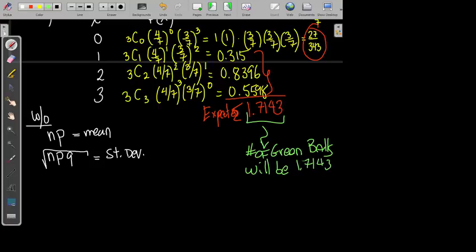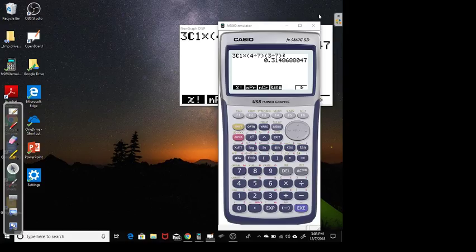If you keep playing and playing this game, the average number of green balls that you will take out is almost 2. Doesn't change? No, I mean, the more you do it, it's going to get closer to 2. But if you do it only a couple of times, it's not going to work. It's the average. If you keep doing this over and over again, it will give you 1.7.